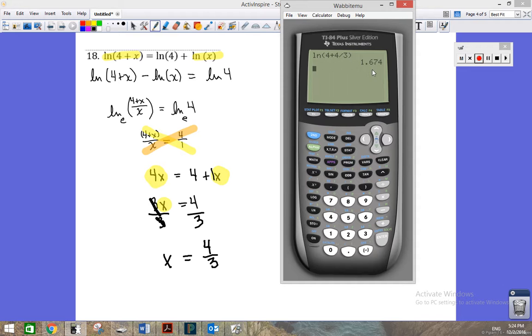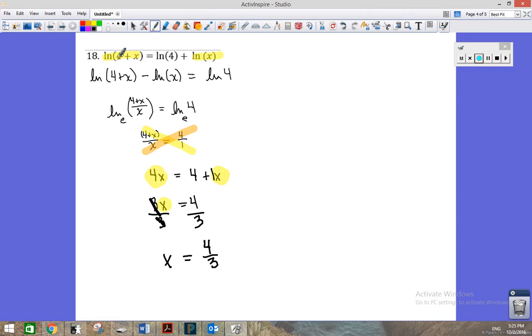Well, out to 3 decimals, we get 1.674. On the right-hand side, if we take the natural log of 4, close that parenthesis, and then take the natural log of 4/3, we'll get the same value. Okay, so the left-hand side does equal the right-hand side when x is 4/3. So hey, I'm pretty sure that's the right answer.